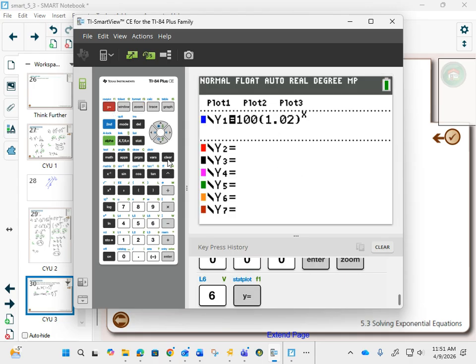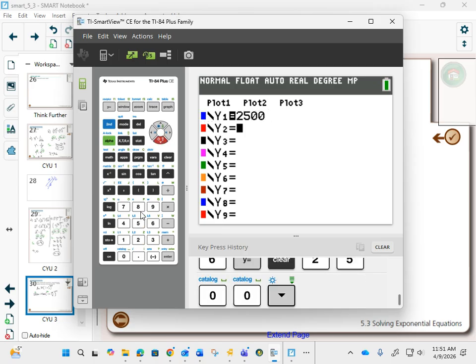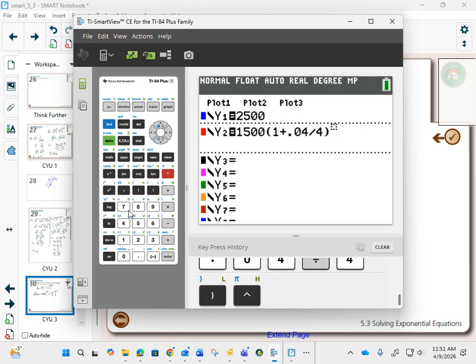So I'm going to go to y equals. I'm going to clear it out. One of them was 2500 and the other one was 1500 bracket 1 plus 0.04 divided by 4 to the exponent of 4x. And there's my variable x. Those are my two equations.